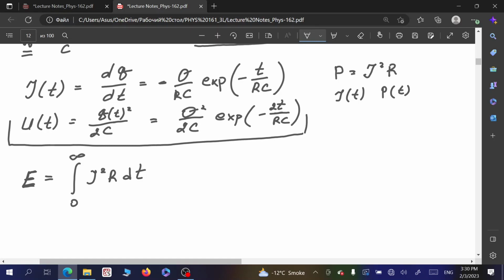So when we integrate this power of dissipating electric energy over load resistor over infinitely long time interval, we should get the maximum potential energy accumulated in the capacitor. And that should be like capital Q square over 2C. So let's see actually what we get.